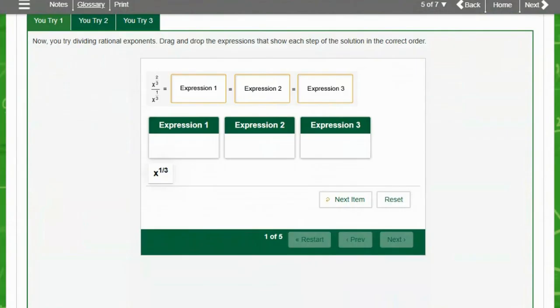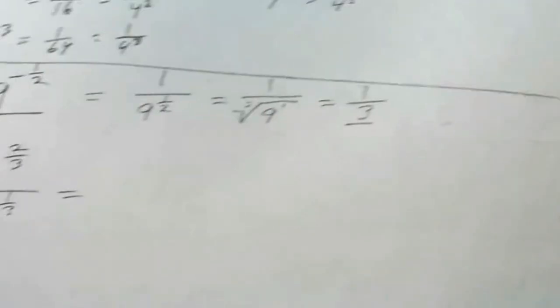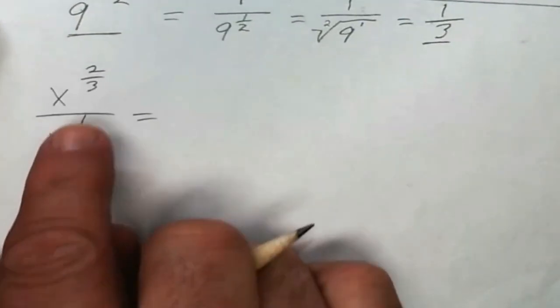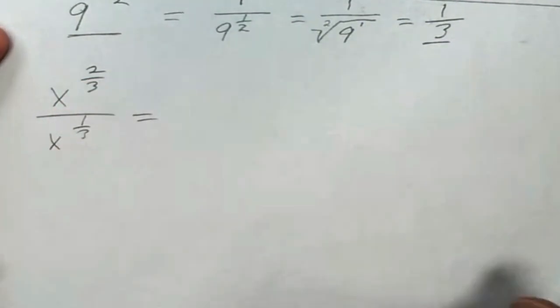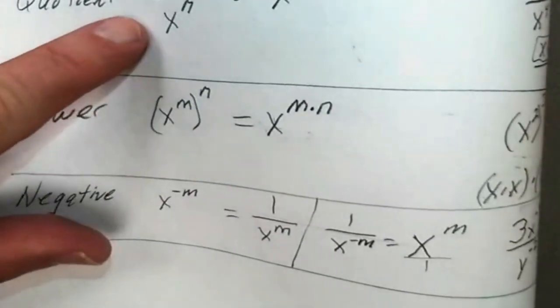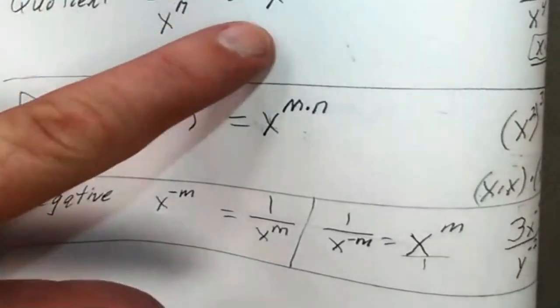So it says x to the 2/3 divided by x to the 1/3 equals. And they've got it broken out into three different expressions. So we know using our properties that if we have x to the 2/3 divided by x to the 1/3, that's the quotient property, which means we can subtract the exponents.